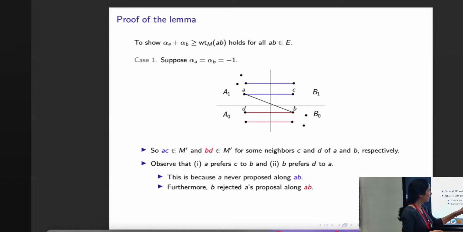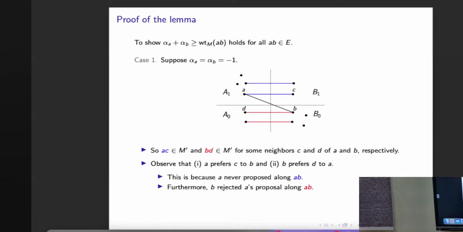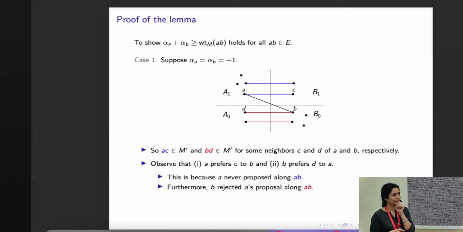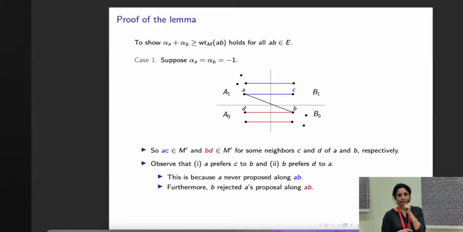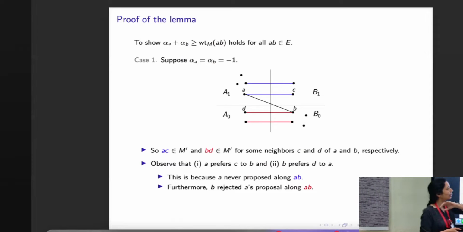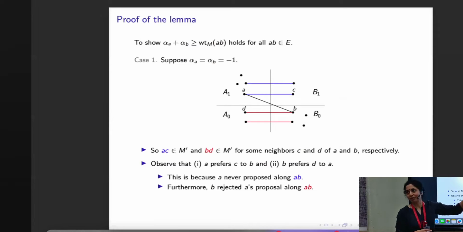And furthermore, we also claim B rejected A's proposal along the red edge AB. How do we justify that? A prefers red edges to blue edges. So, A got rejected along every red edge to all its neighbors.